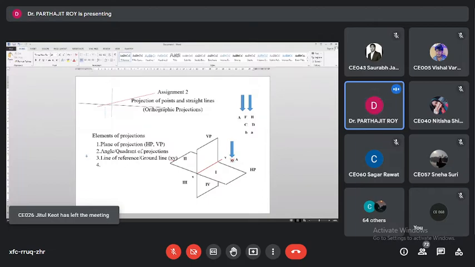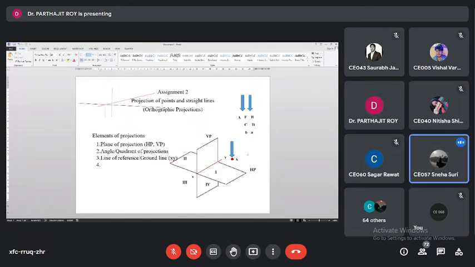So now, if I want to have the projection of this point in the direction of the arrow on the horizontal plane, what will I be doing? Are you getting my point?